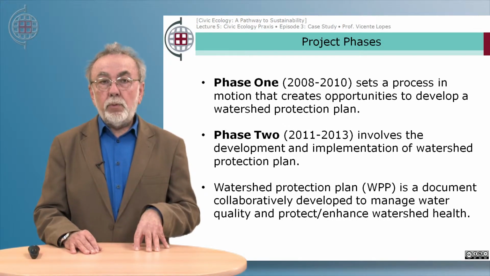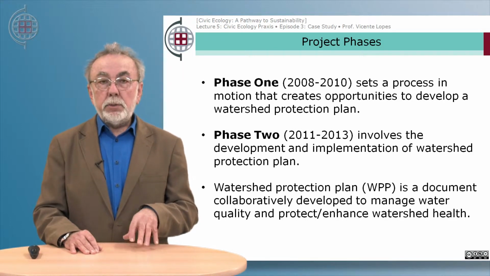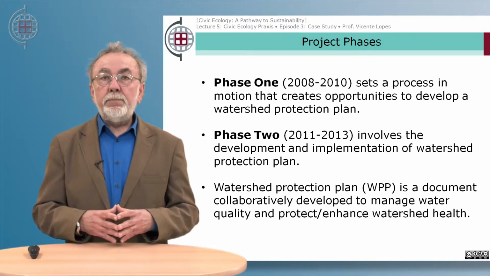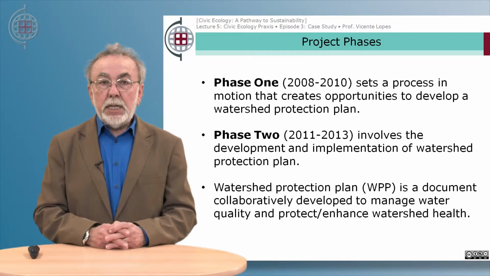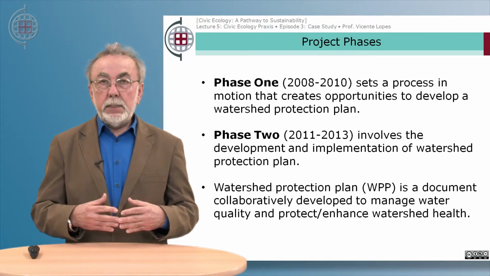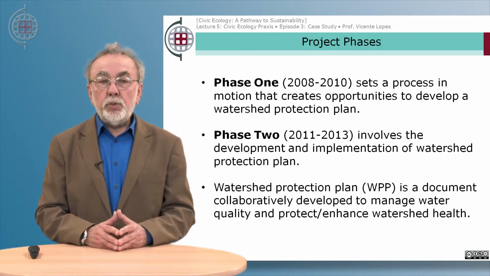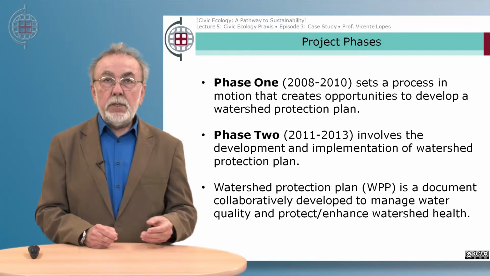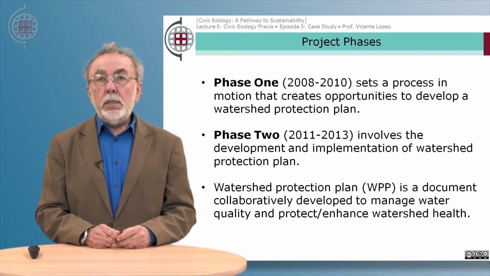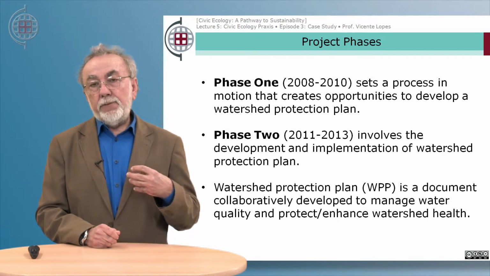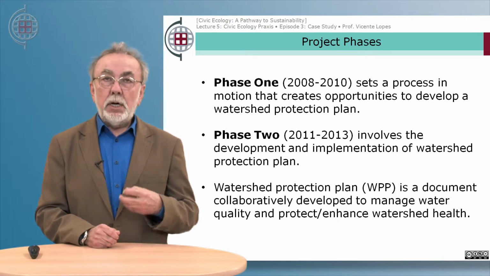The goal of phase one was essentially to set a process in motion to create opportunities to develop what they call a watershed protection plan. A watershed protection plan is a document collaboratively developed to manage water quality and protect or enhance watershed health. Phase two involves essentially the development and implementation of this plan.